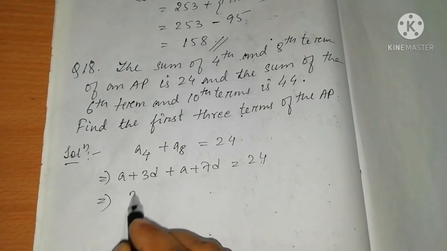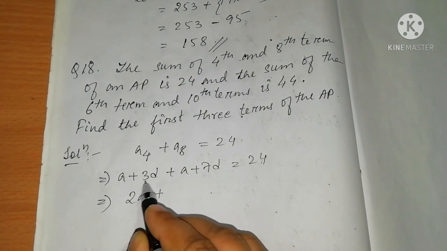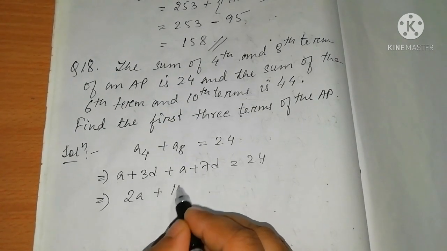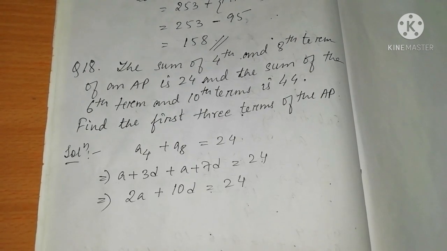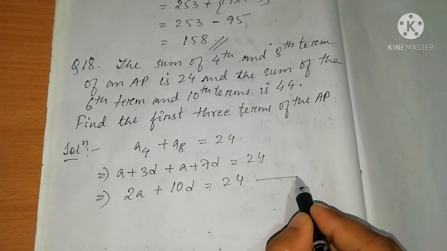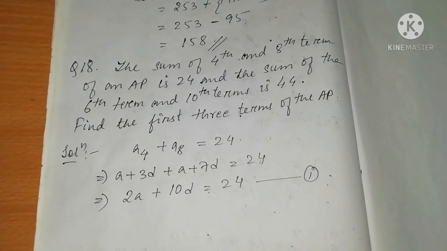Two a's are there. We can write 2a plus 3d plus 7d. You can write 2a plus 10d equal to 24. So let us take it as equation 1.